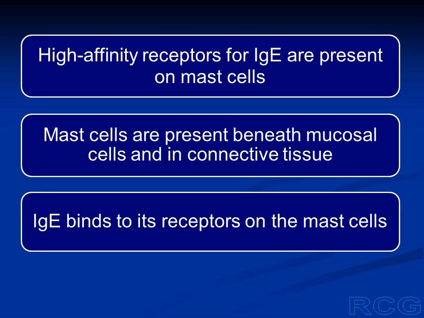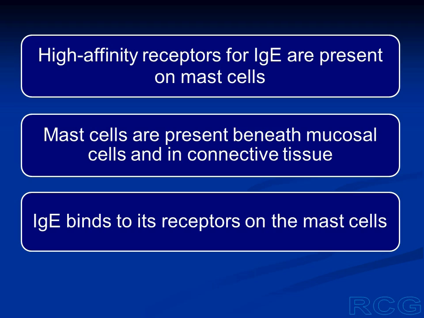IgE molecules are bound to mast cells. Mast cells possess high affinity receptors for IgE on their surface. So IgE molecules are bound to these receptors on the mast cells. It is the constant region of IgE which is bound to the receptor. The variable region is free.